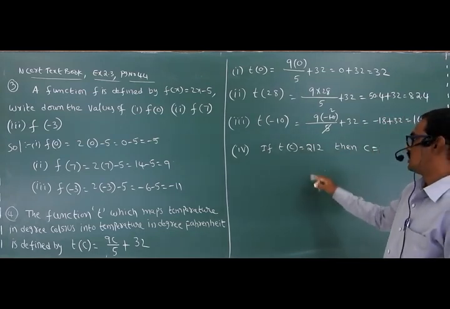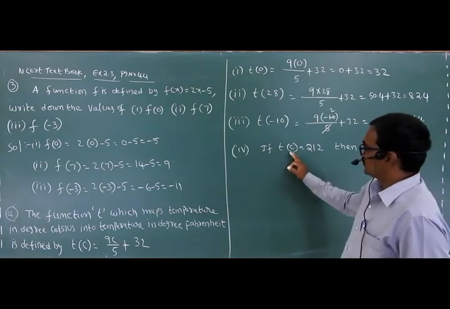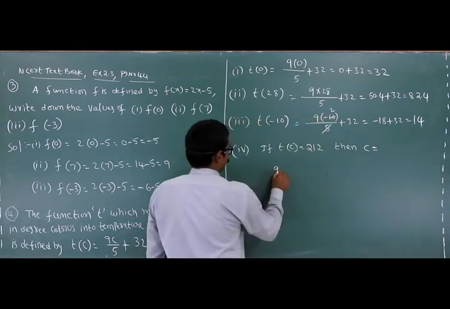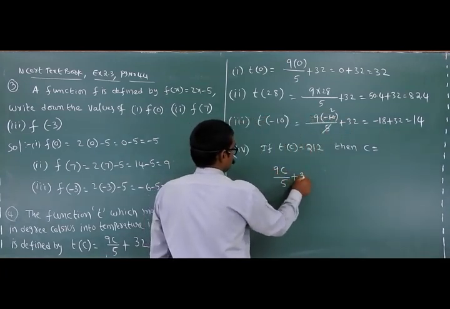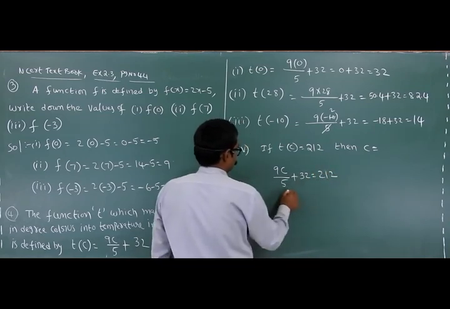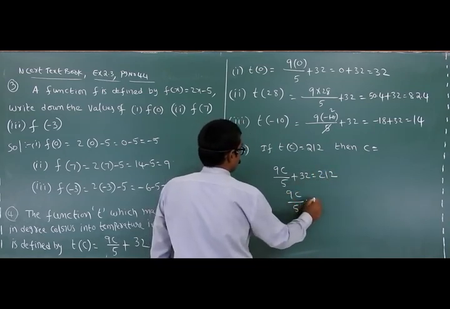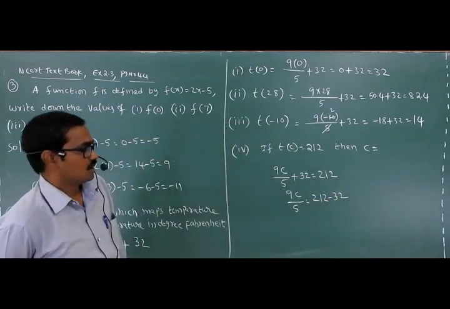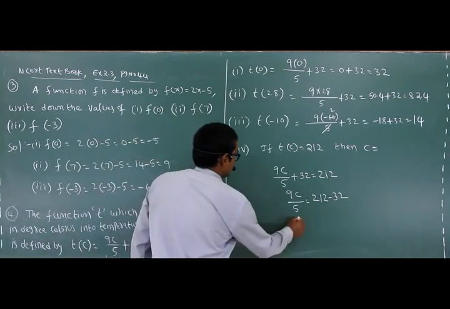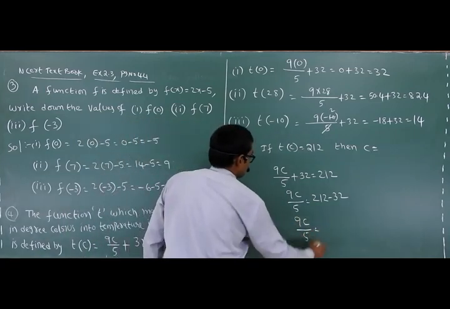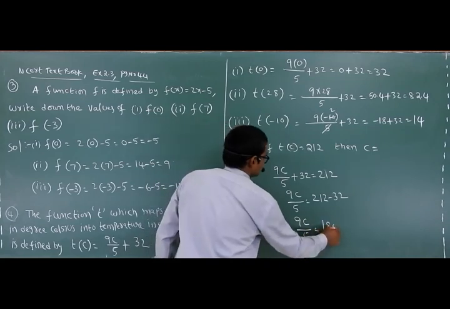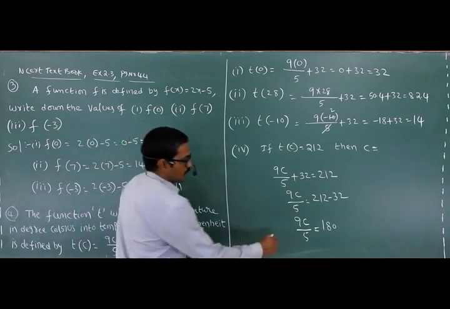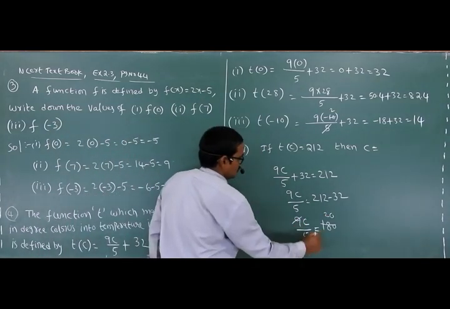Next to fourth one. t of c is equal to 212. Instead of t of c, write that formula 9c by 5 plus 32. 9c divided by 5 plus 32 is equal to 212. 9c by 5 is equal to 212 minus 32. 9c by 5 is equal to 180. 9 in 180, 20 times cancel.